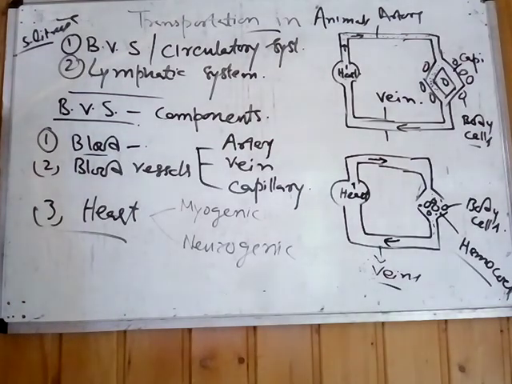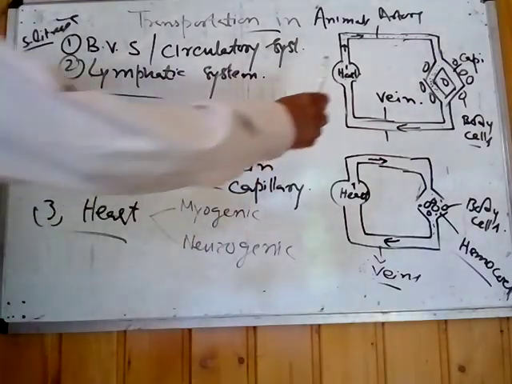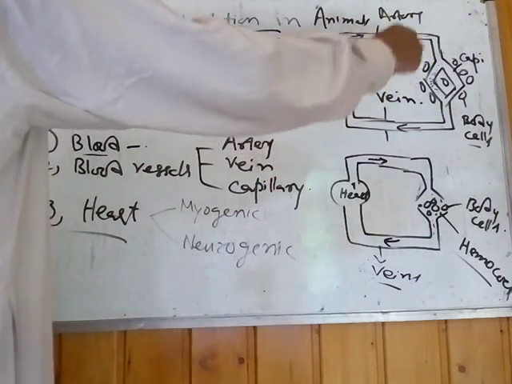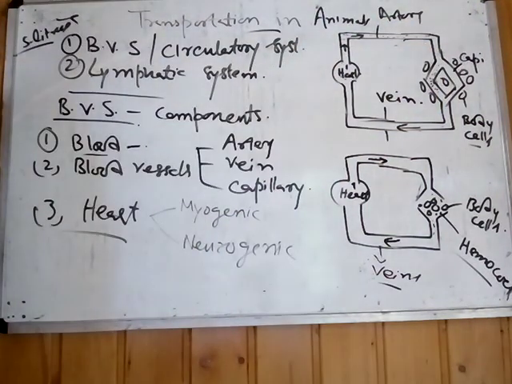So blood is moving constantly in the blood vascular system from the heart to the body cells and from the body cells to the heart. This is a continuous activity, and this is definitely under the influence of the heart.